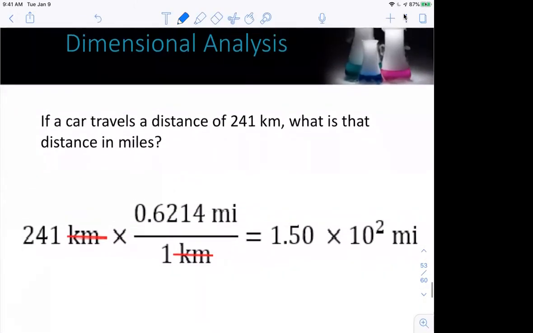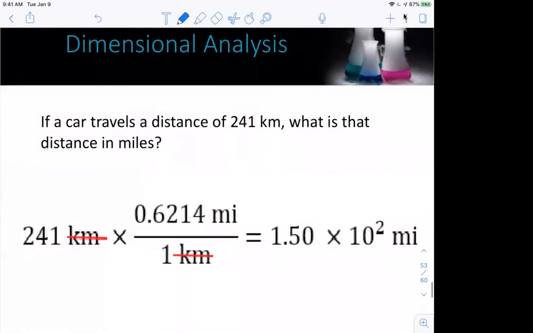Here's another example. If a car travels a distance of 241 kilometers, what is the distance in miles? Well, from my table, I'm going to find the equivalency statement. I know that 1 kilometer is equal to 0.6214 miles.